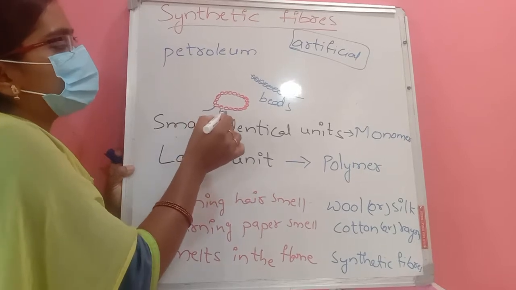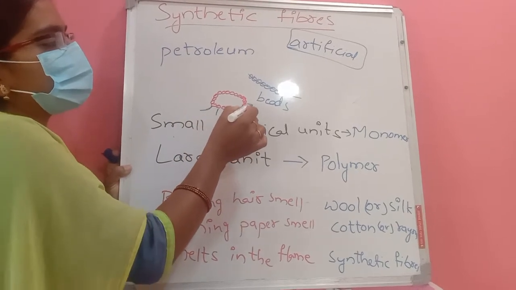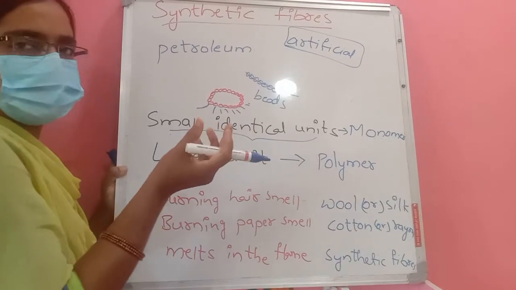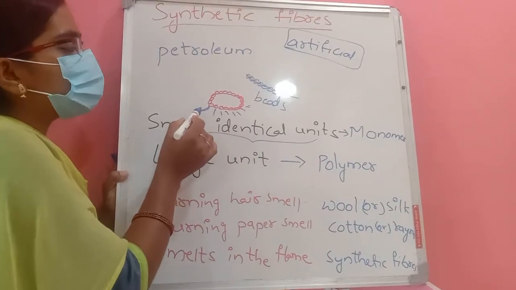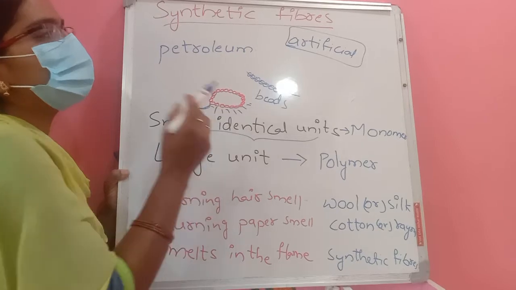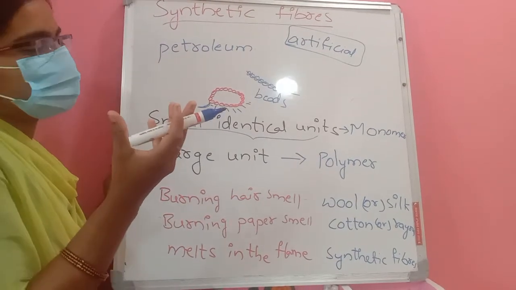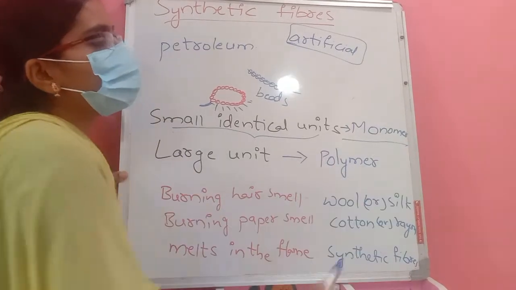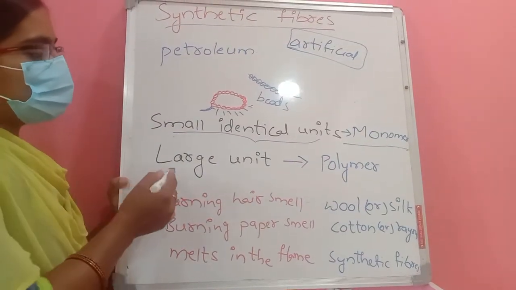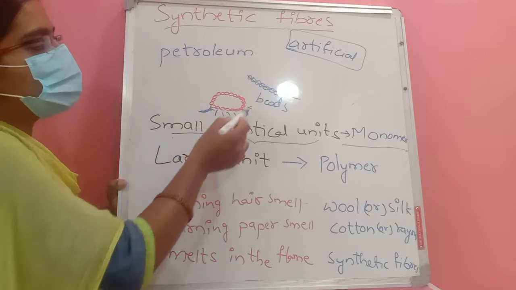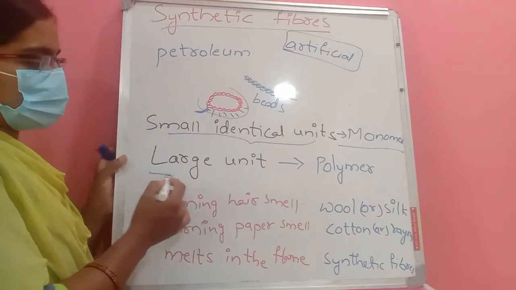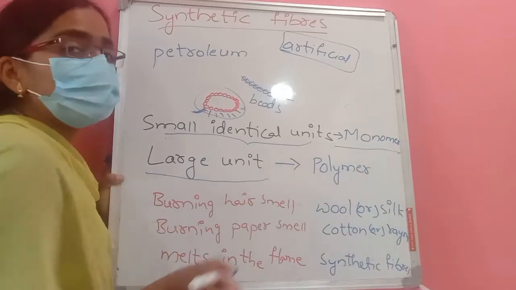Like all these beads, we have small identical chemical units. All the chemical units combine to form a large fiber. These small identical units are called monomers, and all these monomers combined form a long chain. That chain, that large unit, is called a polymer.